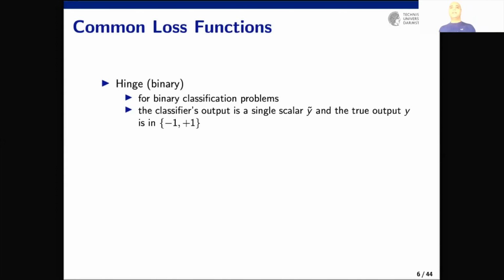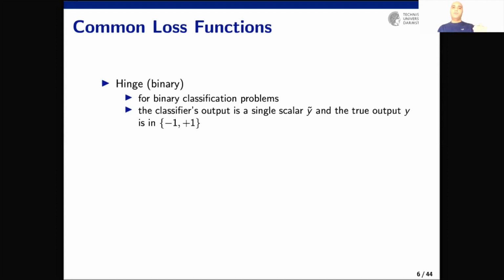So the classifier output is a single scalar y tilde, and the true output y is in -1 or +1. So let's say we map classes to some numbers like +1 and -1. For example, if y shows that the topic is news, we set it to +1.